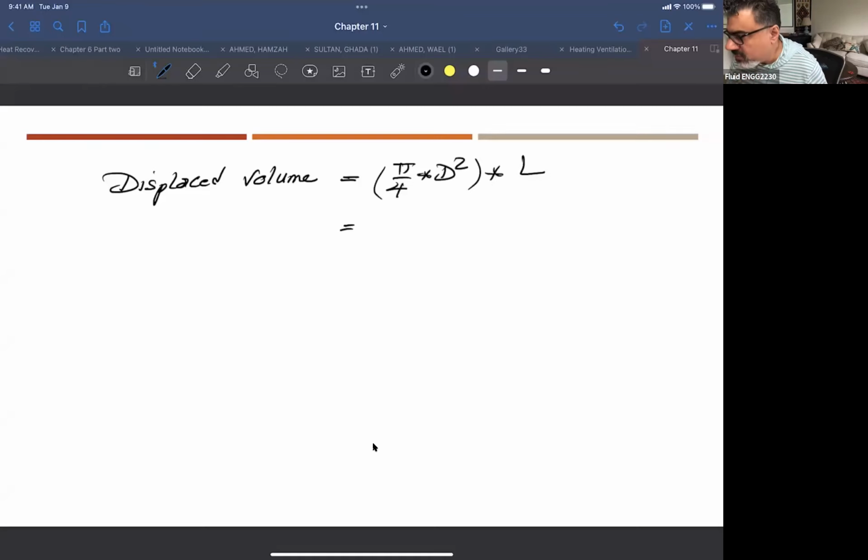I can just keep everything here in inches. So pi over 4, the D here is 5 inches squared, times 2. This will give me 39.3 cubic inches. I can convert this into gallons if I divide it by 231, right?